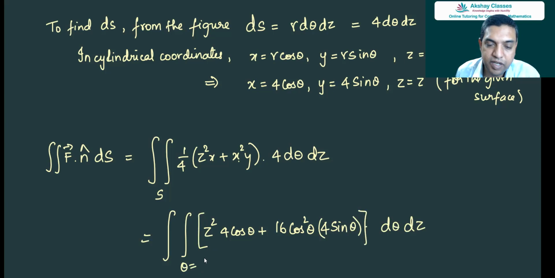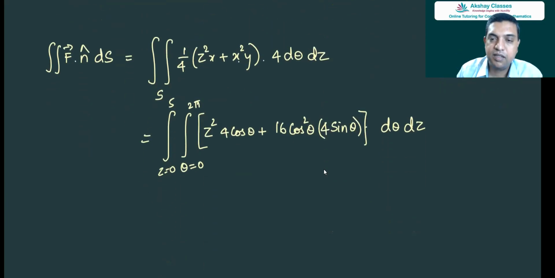Theta will vary, because it's a surface, 0 to 2 pi, and z varies from 0 to 5 given the limits.